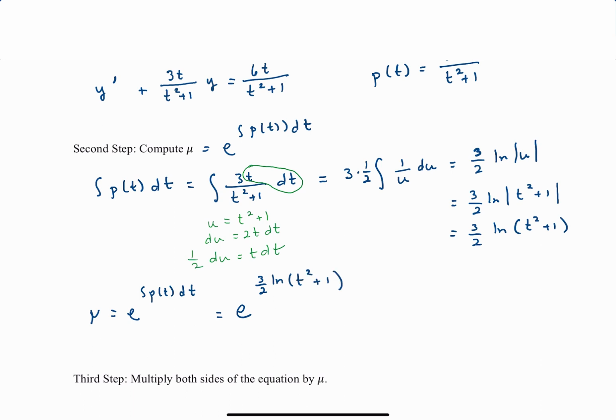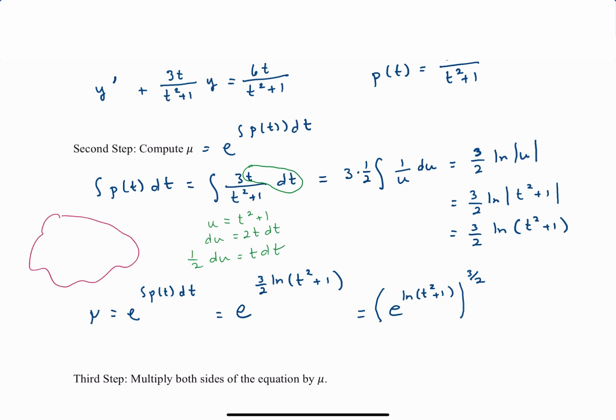So that's our mu, but we can simplify this, and we want to do that. We don't want to leave it in this form. So let's realize that this is the same thing as saying e to the ln of t squared plus 1, all of that raised to the 3/2 power. Right? Because when you have a power raised to a power, you multiply the powers.